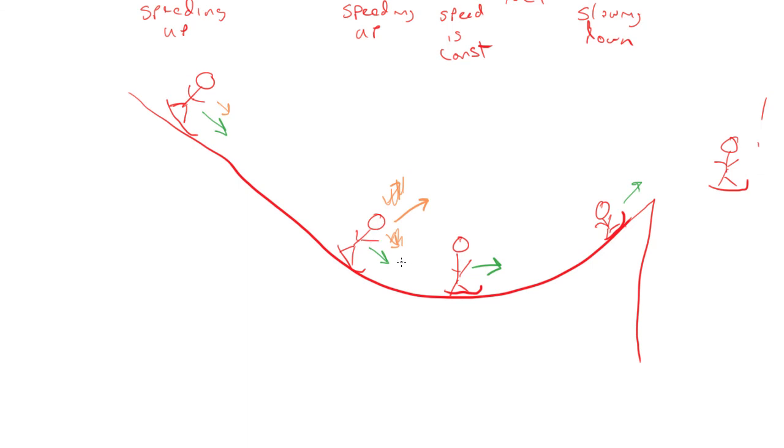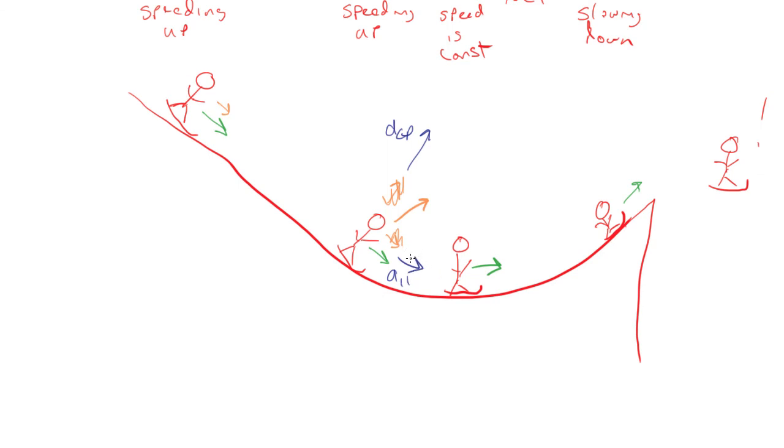If you're speeding up, that means your acceleration vector lies in a direction parallel to your velocity vector. But if you're curving, we just talked about this, it means your acceleration lies perpendicular to the velocity. So I'm trying to make it a little bit more complicated on you. He has both a centripetal acceleration and the acceleration in the parallel direction.